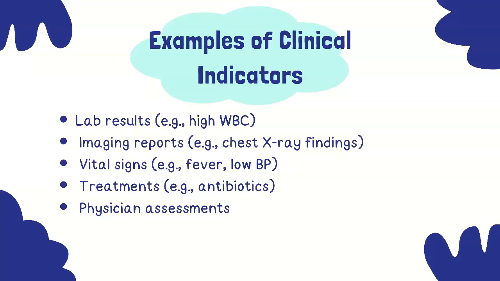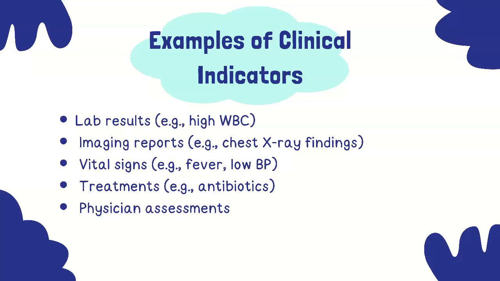Vital signs such as fever, low oxygen saturation, low blood pressure, which is also called hypotension, can signify some serious clinical conditions. Treatments initiated by providers, such as starting IV antibiotics or insulin drips, can suggest a clinical concern, even if they haven't diagnosed it.